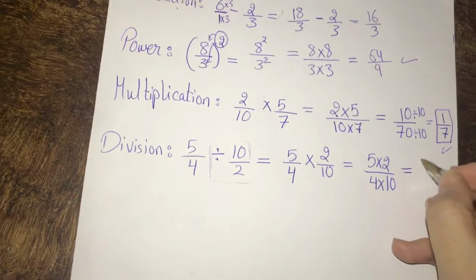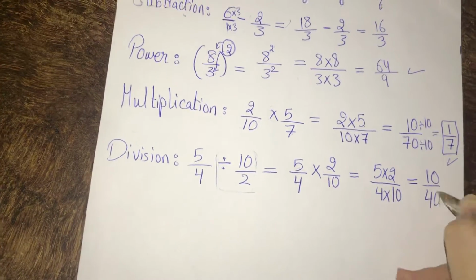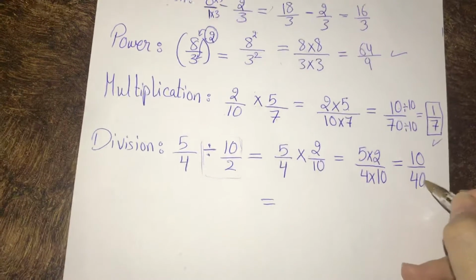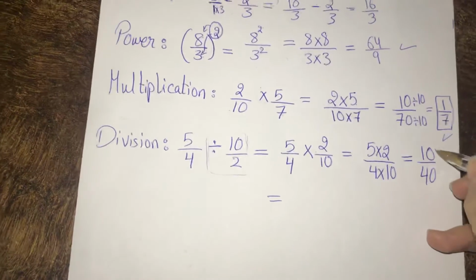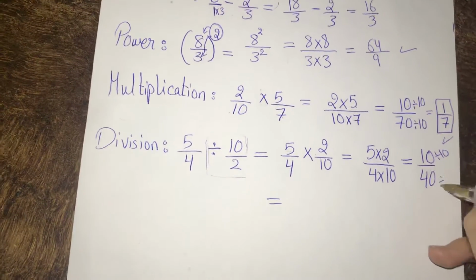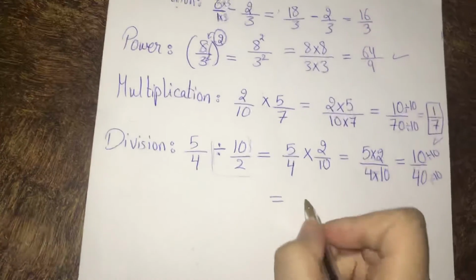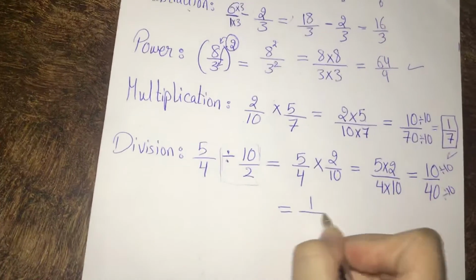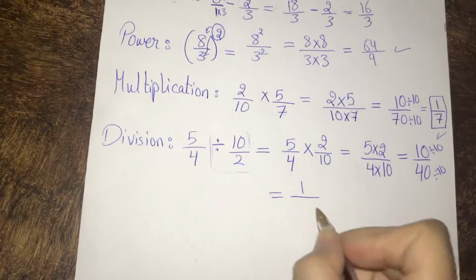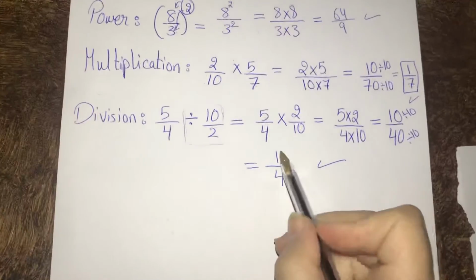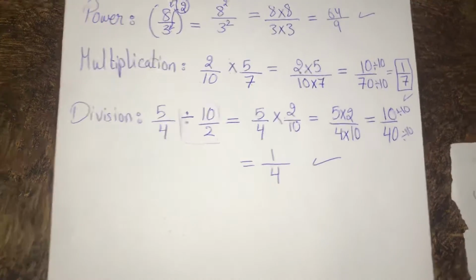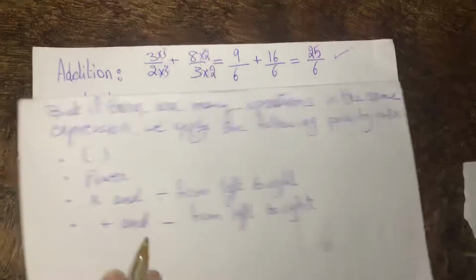So 5 times 2 is 10 over 40. 10 and 40 are in the multiplication table of what? Table 10. So you have to divide by 10. Okay. 10/10 is 1, and 40/10, what? It's 4. And this is done. This is the simple fraction. Okay? So, another one.